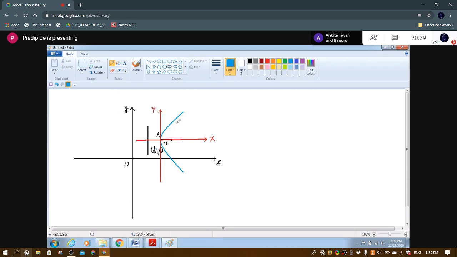There's a point P on the parabola, whose old coordinates are x comma y.